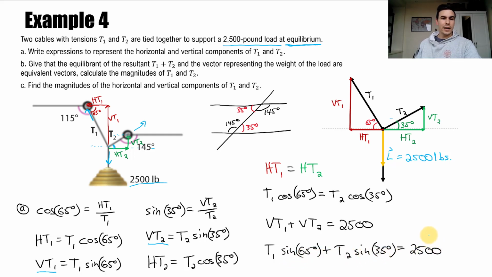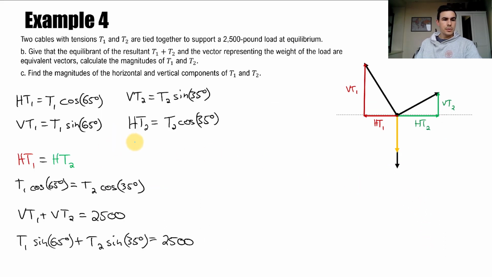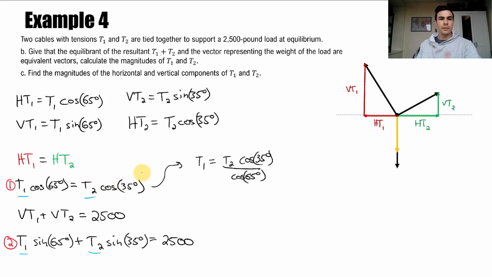Now we did that because we want a setup where we have two equations, which we do, and two unknowns, which we do. We got T1 and T2. Those are our two unknowns, and we have two equations, so we can in fact solve for this. I'm going to take equation 1 first and solve for T1, so I'm just going to divide over this cosine of 65.